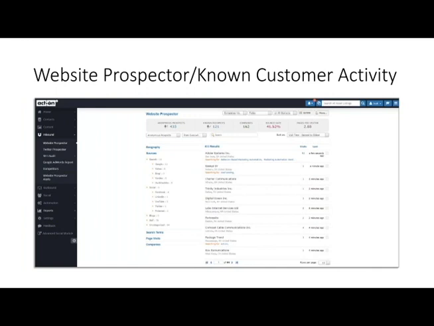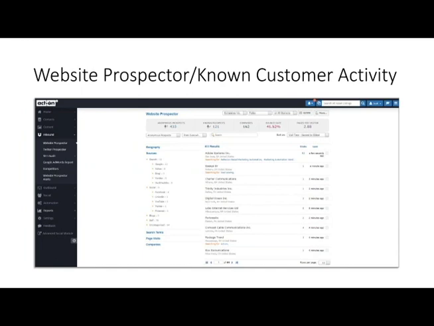Again, this buying journey has changed so substantially over time that it's critical to understand to be effective. On a platform like Acton, we look at our website prospector, and from an unknown entity we're able to track back and do a reverse IP lookup to find out where these people are coming from.